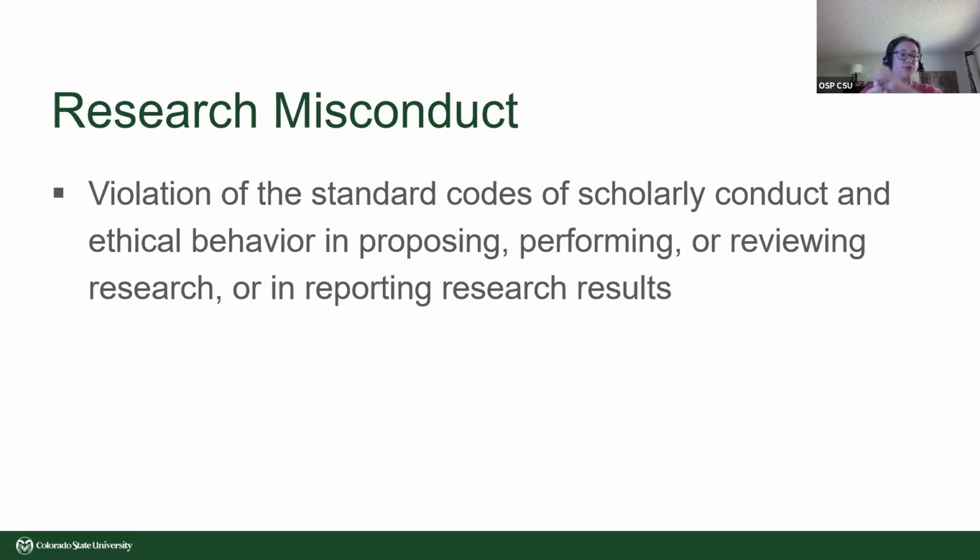It could be during the performance of the research that they falsified or fabricated some of the research data. In reviewing the research, so if you have somebody who is reviewing the research and they steal somebody else's idea during that review, that would be research misconduct. And then in reporting the results, if anybody's reporting false data, false results, all of that falls under research misconduct.